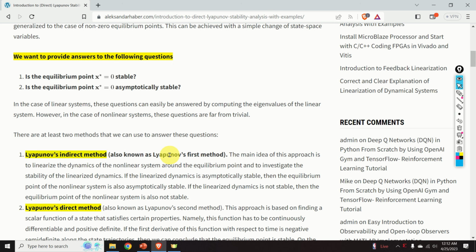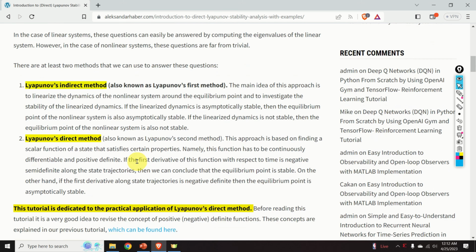The main idea of this approach is to linearize the dynamics of the nonlinear system around the equilibrium point and to investigate the stability of the linearized dynamics. If the linearized dynamics is asymptotically stable, then the equilibrium point of the nonlinear system is also asymptotically stable. On the other hand, if the linearized dynamics is not stable, then the equilibrium point of the nonlinear system is also not stable. I will explain Lyapunov's indirect method in my future video tutorials.